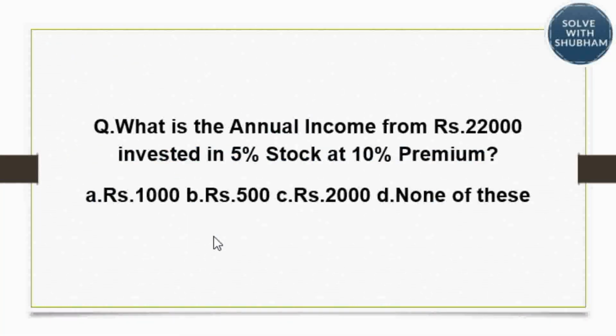Now, what is the annual income from rupees 22,000 invested in 5% stock at 10% premium? So this is again a very simple question where you just have to do little calculation. So here, you have invested 22,000, dividend at 5%, 10% premium.